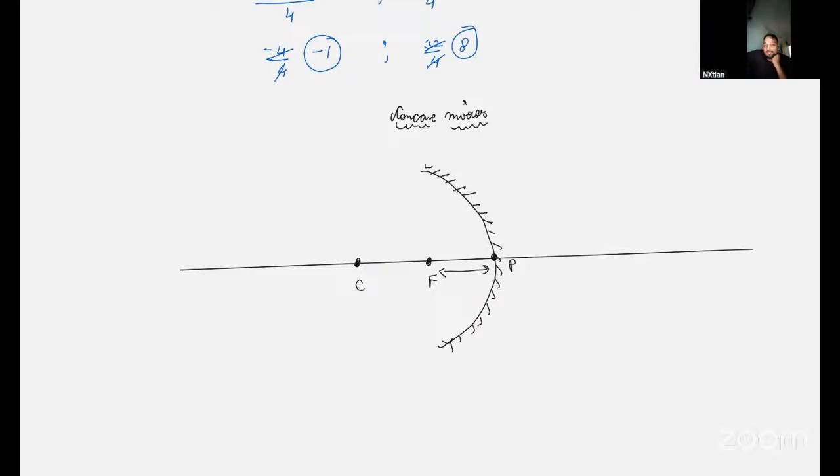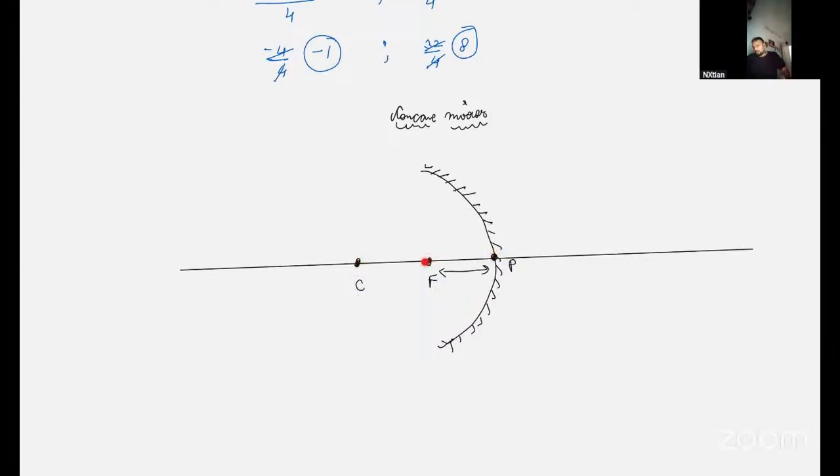Then from the center of the circle, the point where you put the needle, you have to make a straight line to the spherical mirror like that. Now this will be the center of curvature. The line which is passing will be the pole, and this will be the focus, which is 3 centimeters.